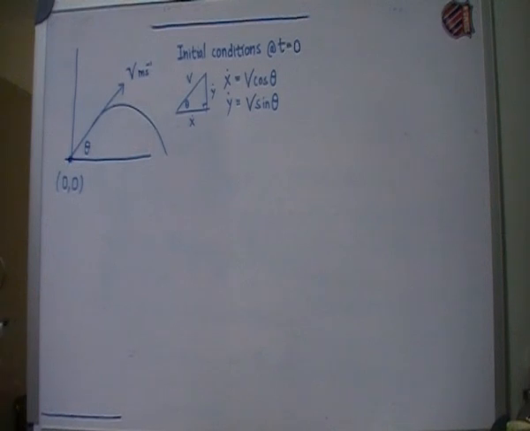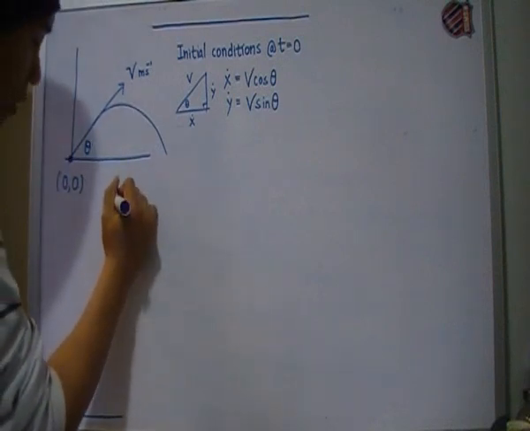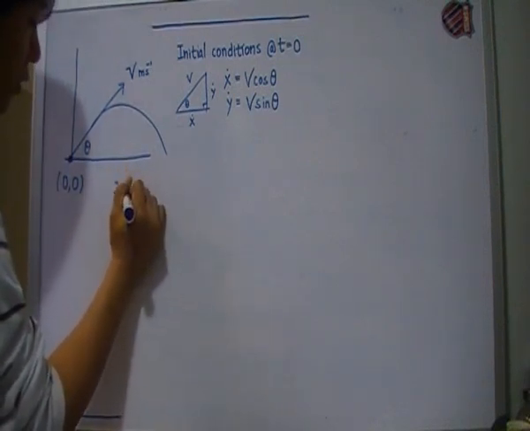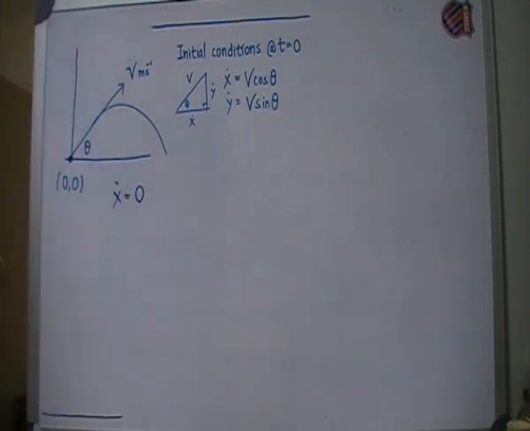We're not thinking of air resistance for mathematical purposes, so you can ignore that. So your x acceleration, your horizontal acceleration, is 0. There's no horizontal force acting on your object flying through the air.